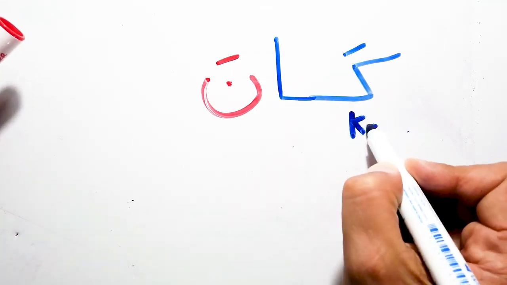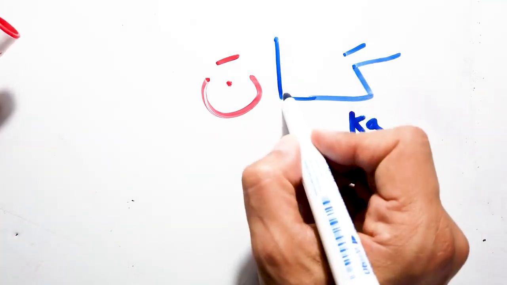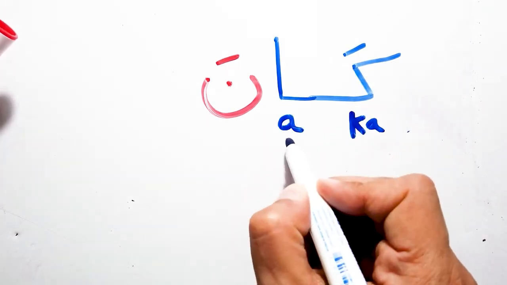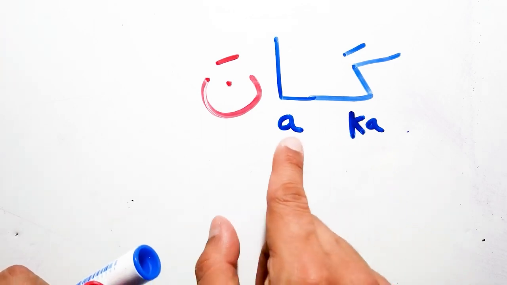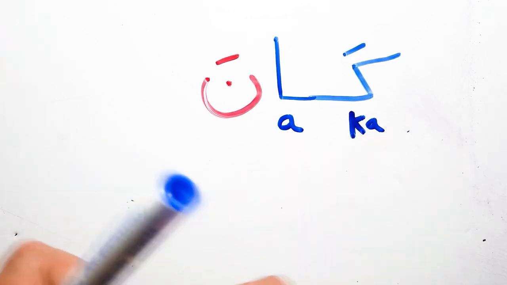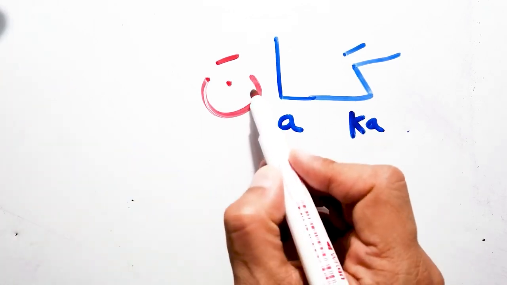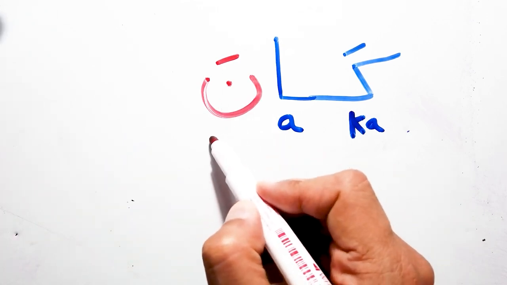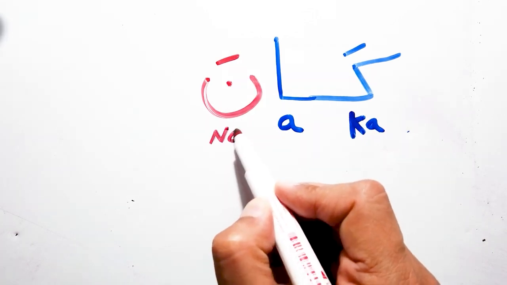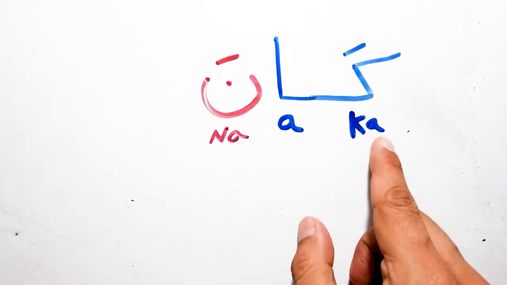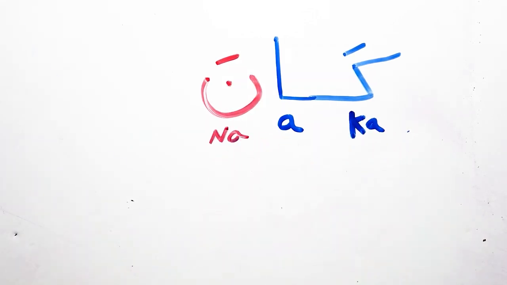That one is K. And that one is A. So if I read both of them together, it will be K. And in the end, I have the sound of this one is like N. And if I add this mark on the top, it will be N. So it will be K N.